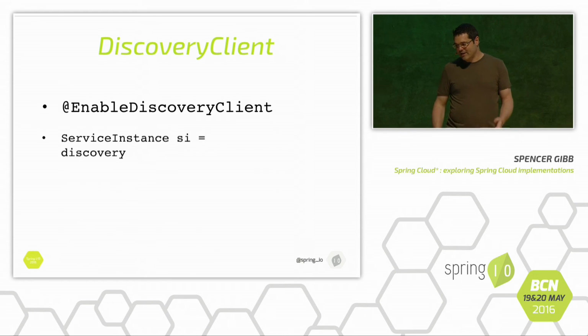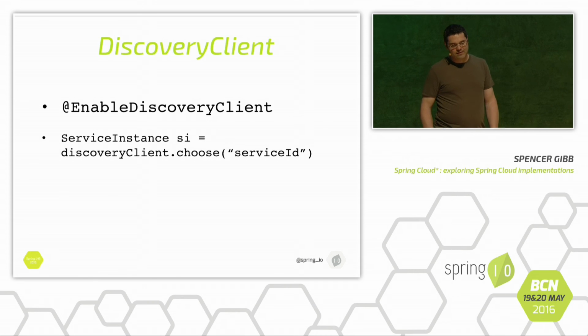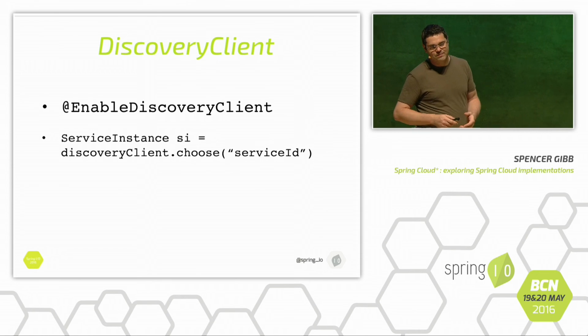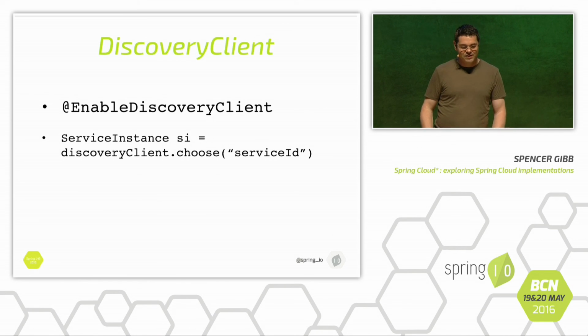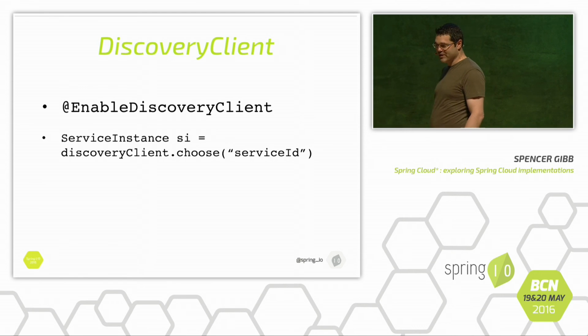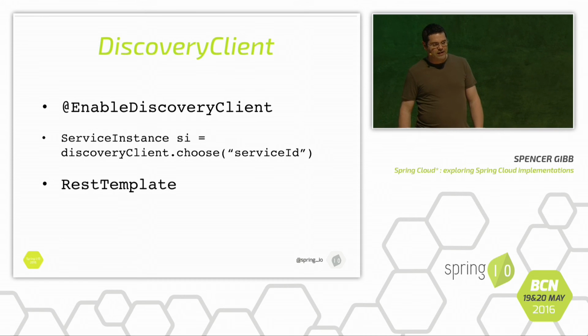Once you do that, we will inject a discovery client for you. So this guy right here. And it has a very, very simple API that says, give me an instance of this service. Service instance basically has a host and a port in it, right? It's very, very simple. So that's one way you can interact with it.